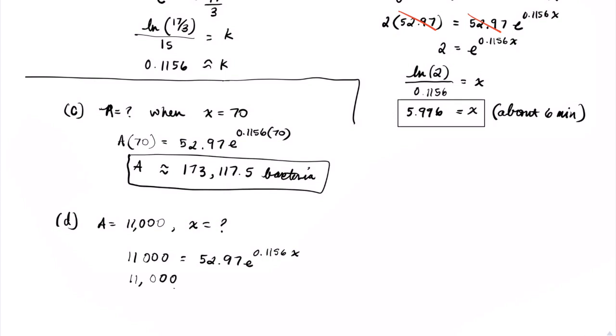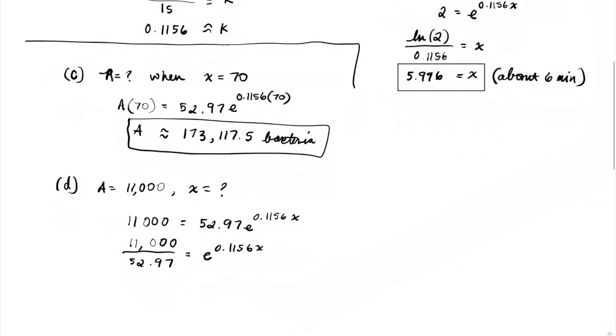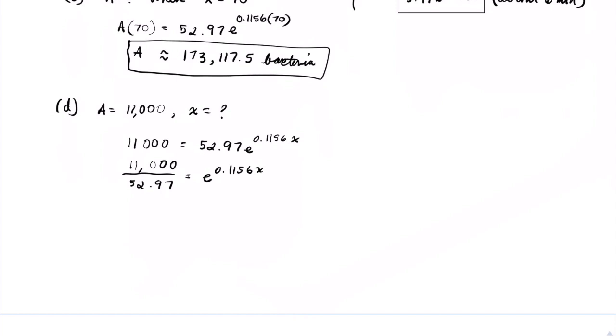We would just divide by 52.97, and I usually keep exact values till the very end till I use the calculator, which can be a little more work, but I think it's better to be accurate than be rounded off.